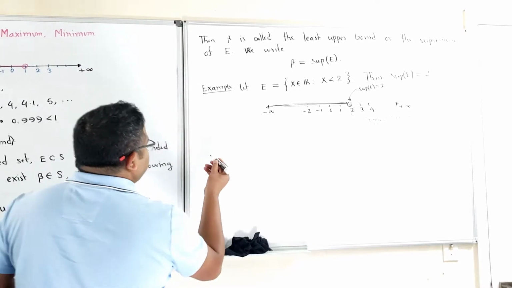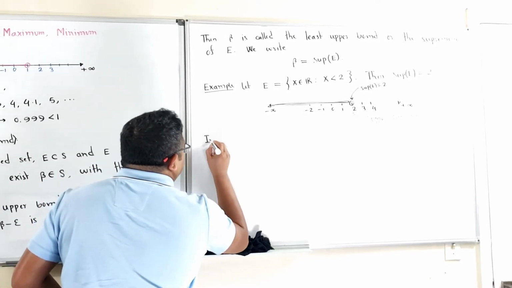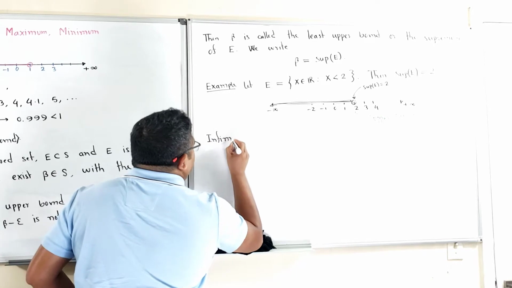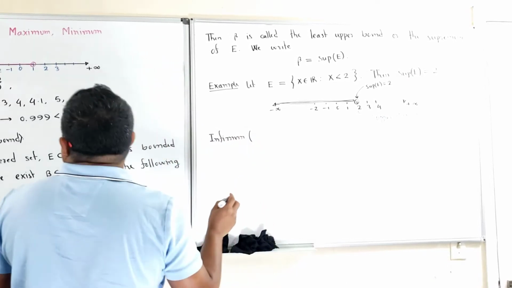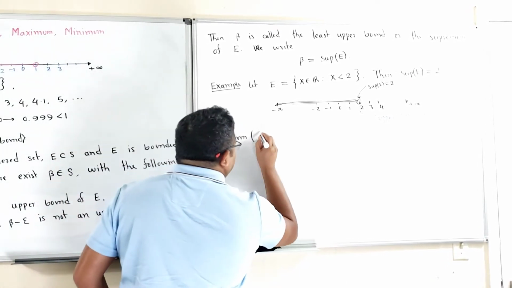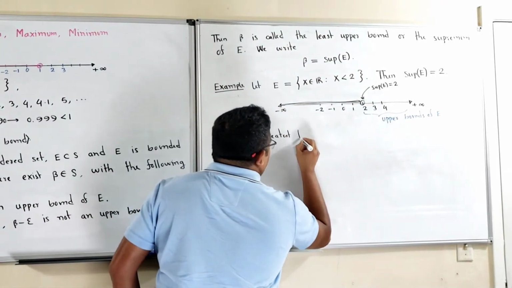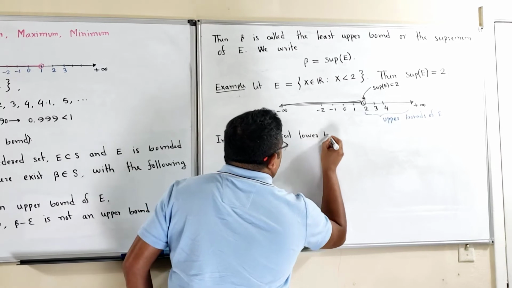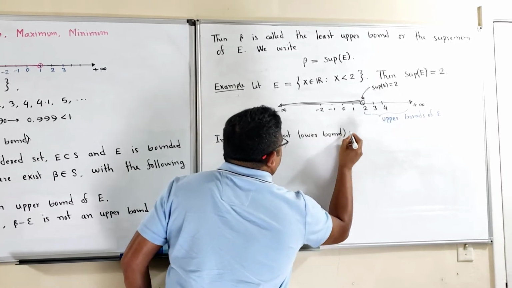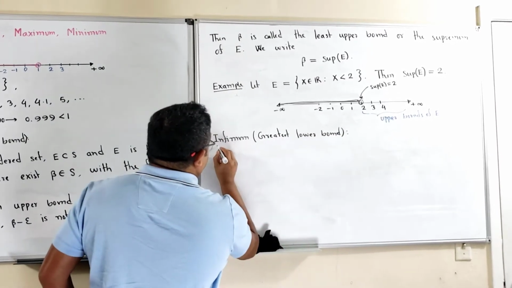Now how about infimum? It has another name, the greatest lower bound.